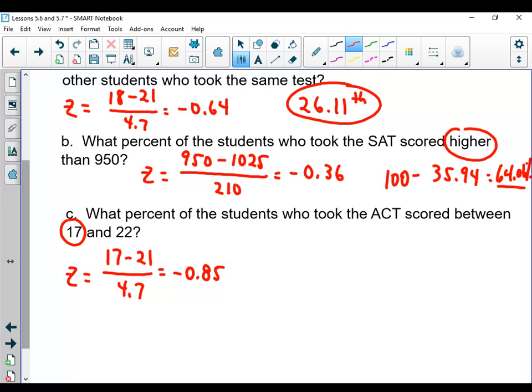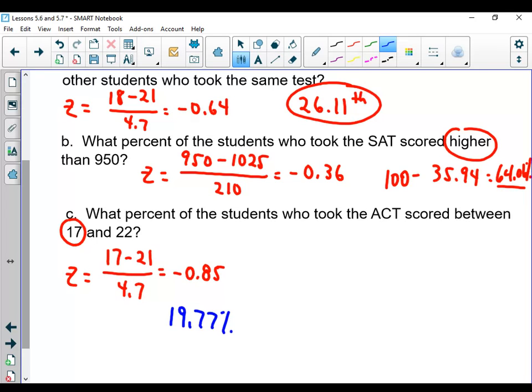So what's that percentage? Yeah, 19.77. Okay. Now we start over with the other value.